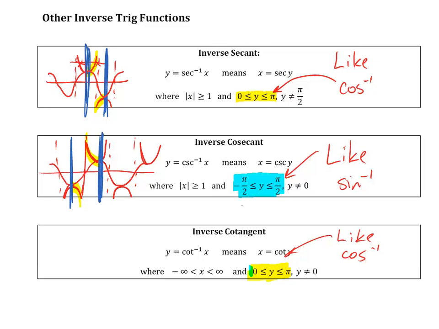a one-to-one function. And now cotangent, here's why cotangent behaves like cosine inverse instead of tangent inverse. Cotangent as a function, when you graphed it, looked just like tangent, only it was upside down and shifted.